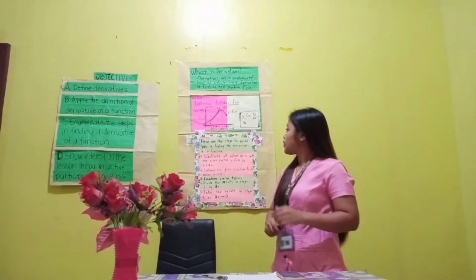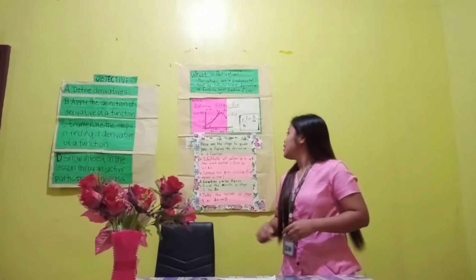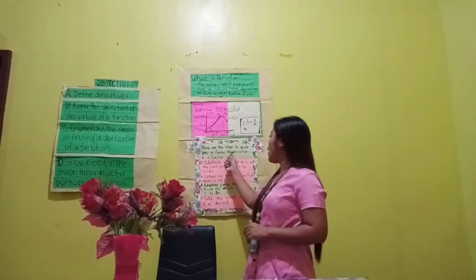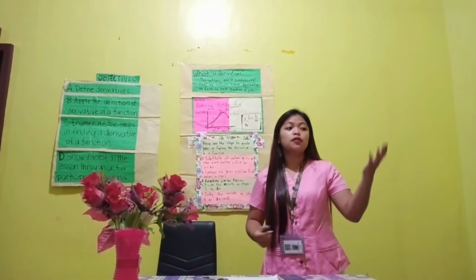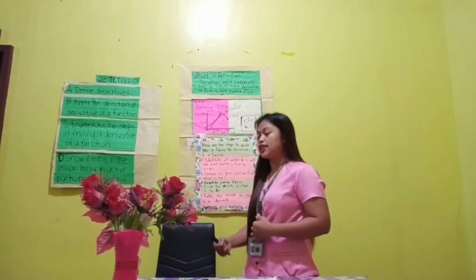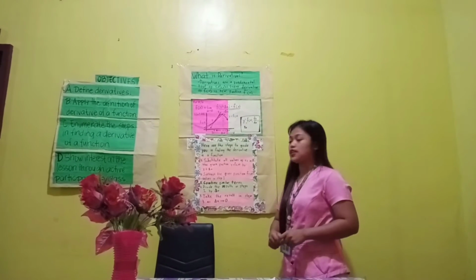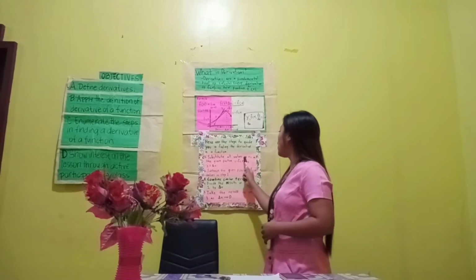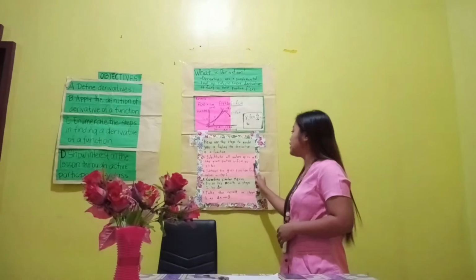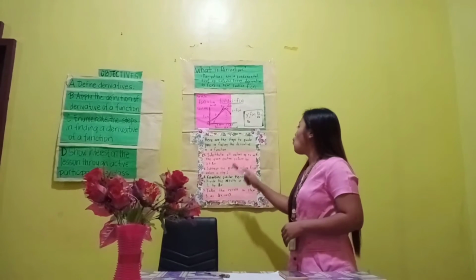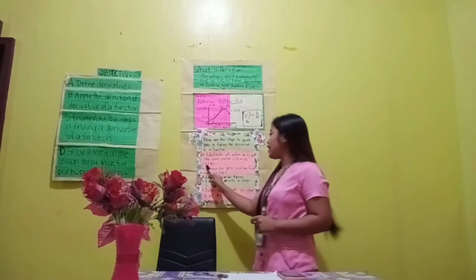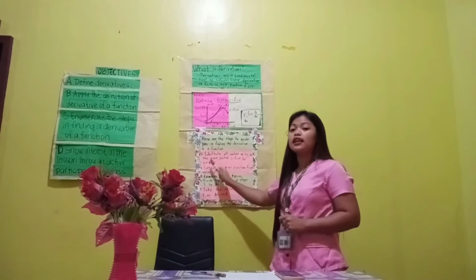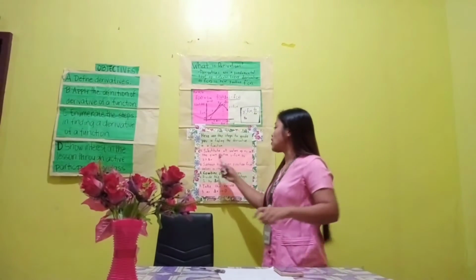So, here are the steps to guide you in finding the derivative of a function. Please lend me your ears here. First, substitute all values of x in the given function y equals f of x by x plus delta x.